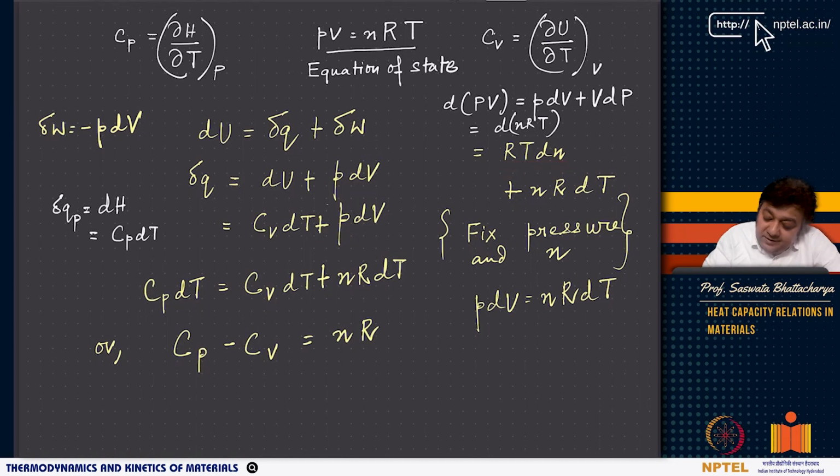So PdV plus VdP: if pressure is constant, VdP goes to 0, so PdV equals nRdT. Substituting here, you get Cp dT equals Cv dT plus nRdT. Now you can rearrange and write Cp minus Cv equals nR.